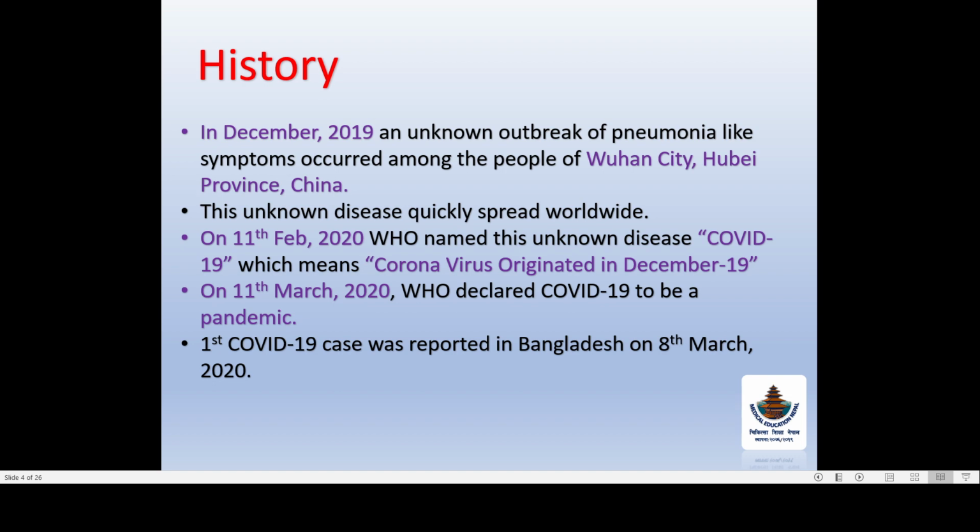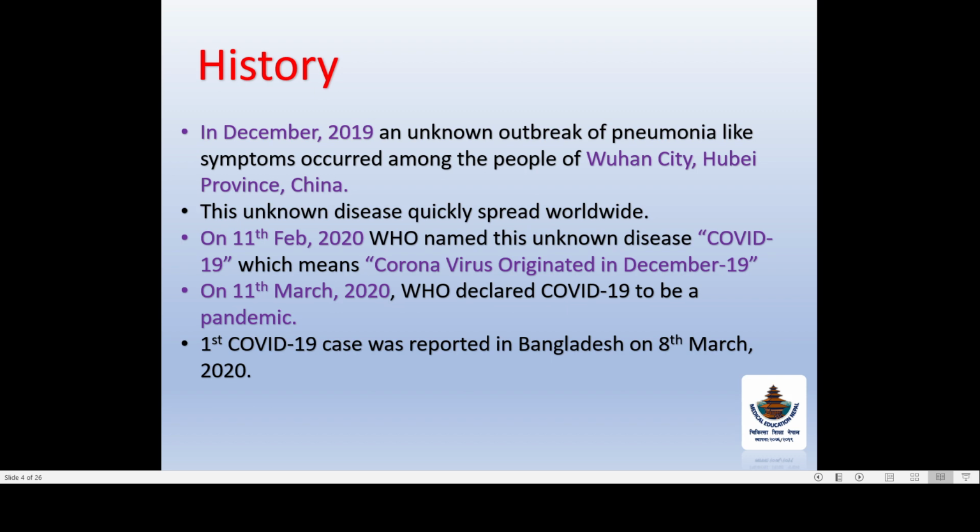First the entire Wuhan city, then the Hubei province, then China, and especially the entire world. So on 11th February 2022, the World Health Organization named this unknown disease COVID-19, which means coronavirus disease originated in December 19. And on 11th March 2020, the WHO declared COVID-19 to be a pandemic.